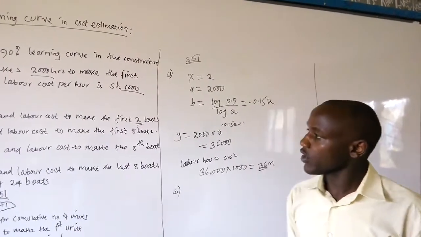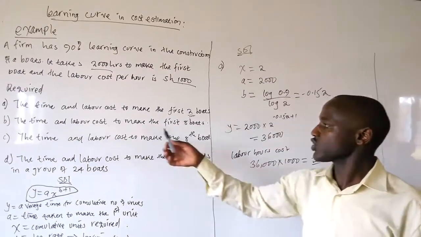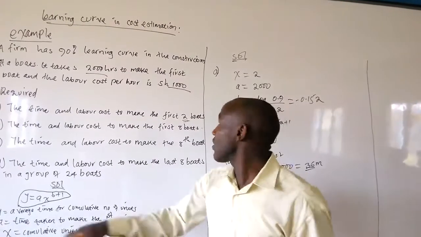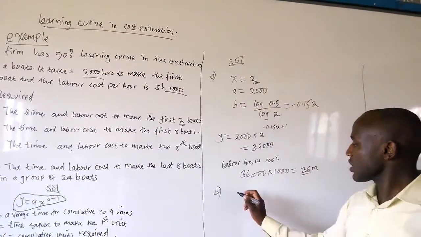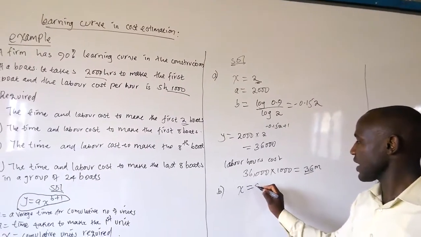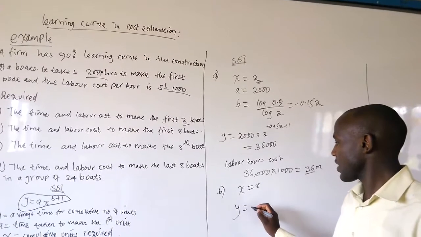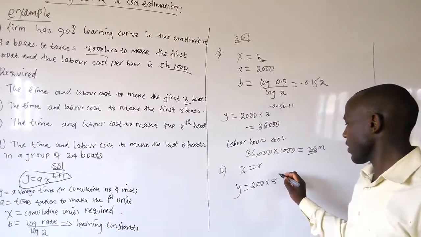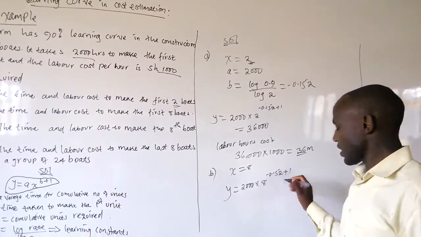Then we go to question B. We are told to get the time and the labor cost to make the first 8. When we are getting the first 8, our x changes, so our x here will be 8, and we apply our formula, which will be given by 2,000 times 8 raised to power negative 0.152 plus 1.